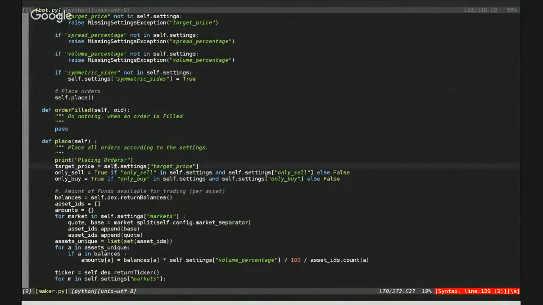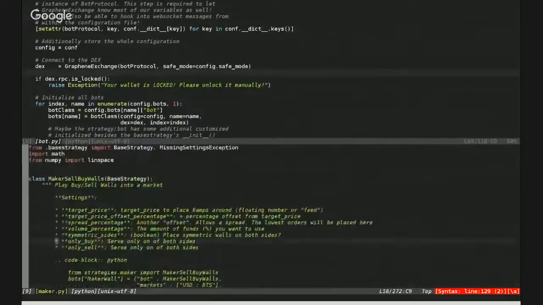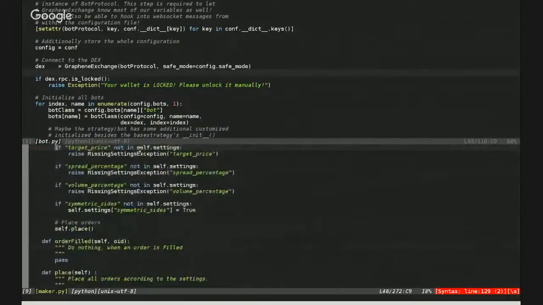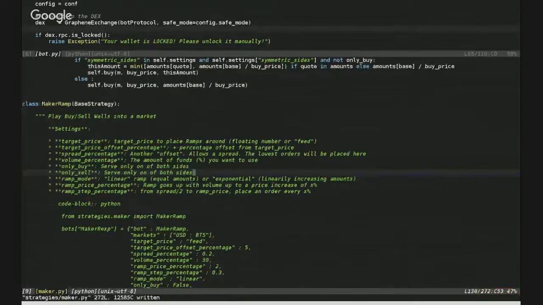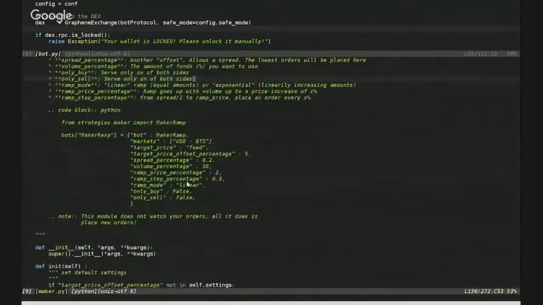When I coded this, I actually started with placing these buy and sell walls. There's a more sophisticated strategy over here that does not only place sell orders like just a wall. It builds up a ramp. It's a set of orders at given percentage steps.